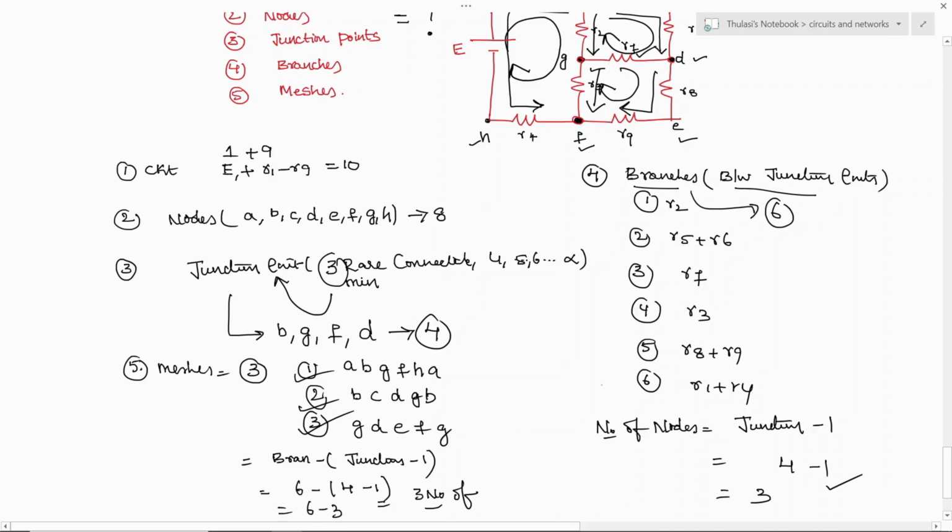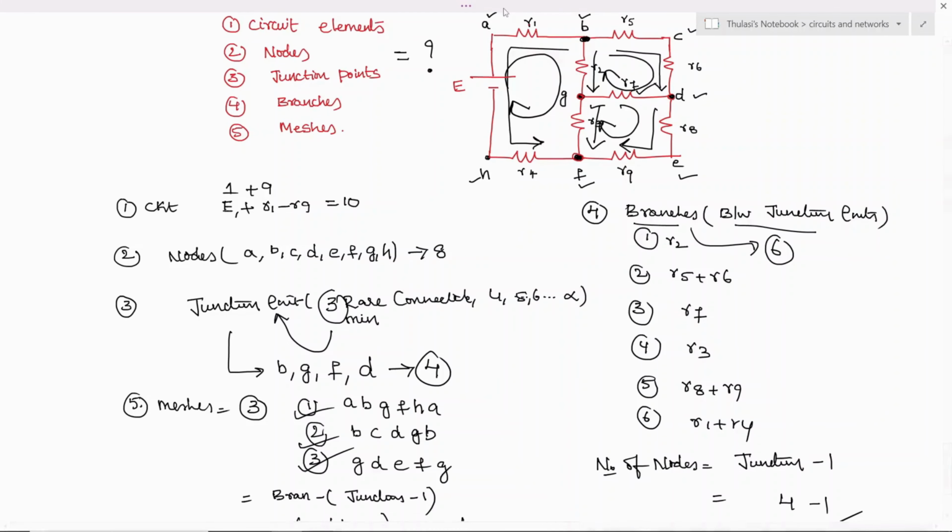I want to give one conclusion. A is a node. Node A connects E and R1, so it joins only two elements. If it joins three elements, then it is called a junction. So the conclusion is that a junction may be a node.